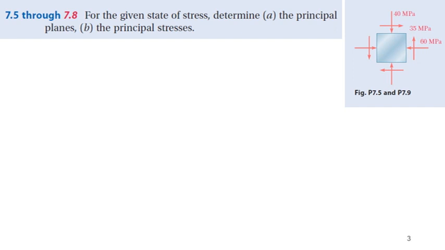If I draw, let me take this as my x-axis and this as my y-axis. I can write sigma x is minus 60 megapascal, sigma y is minus 40 megapascal, and tau xy I will take as positive 35 megapascal.